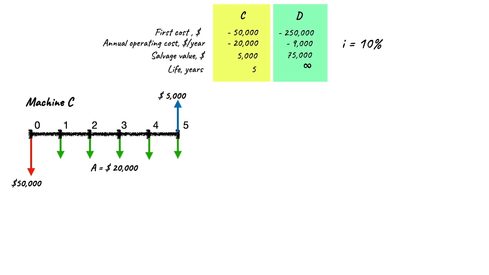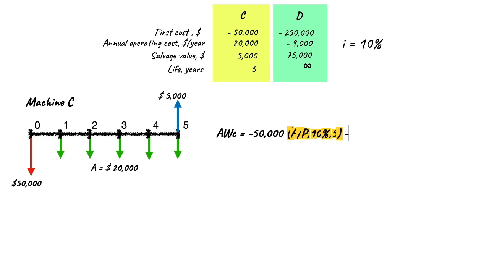Now let's perform the annual worth analysis for this cash flow. We know in annual worth analysis, you have to convert all the cash flow into an equivalent annual series. So first, convert the red line here, or the initial investment of $50,000, and multiply it with the A/P factor.